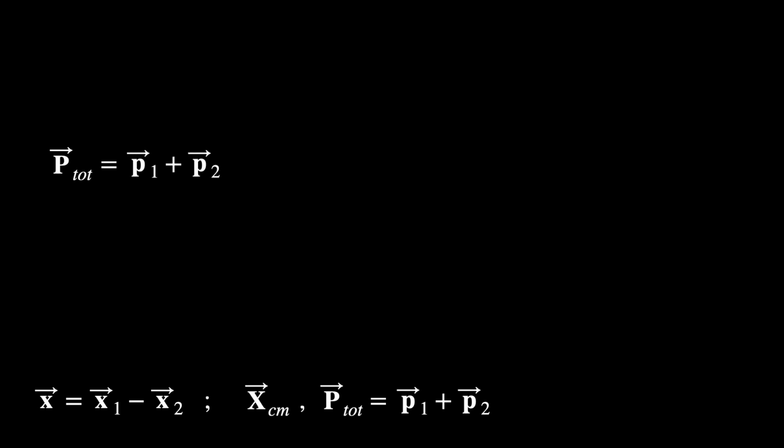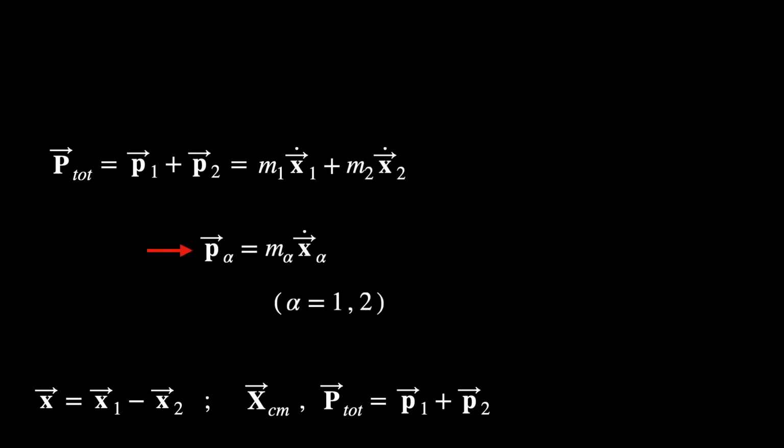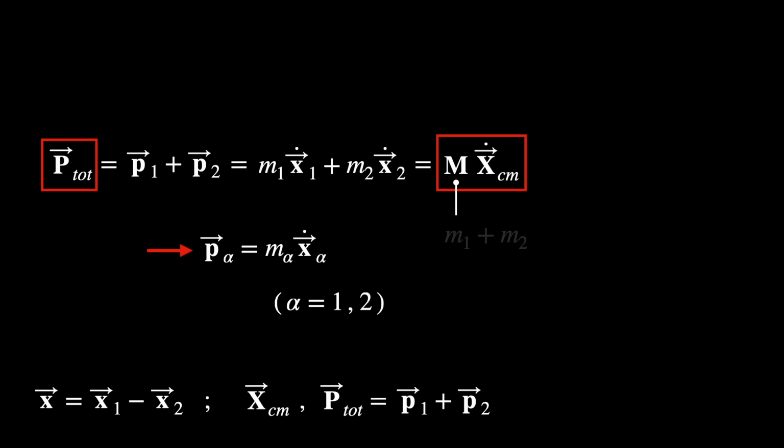P1 and P2 are related to their respective velocities by the usual relation, just the mass of the particle times its velocity. This relation can be extended to the two-particle system by requiring the momentum to be equal to a single mass times a single velocity, taking the mass capital M to be the total mass. The last equality should allow us to define xcm in terms of x1 and x2.